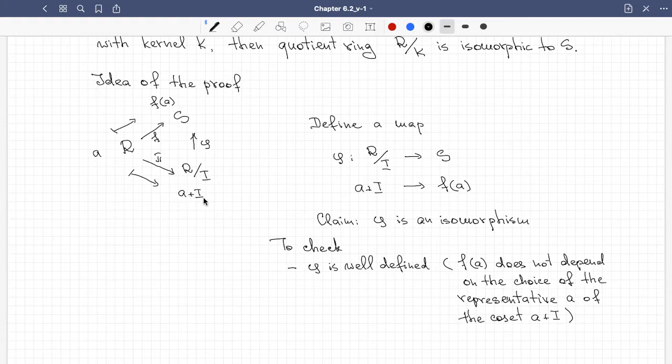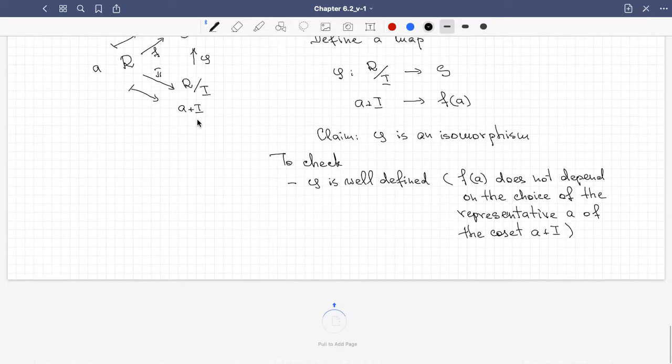So the difference between two maps to 0. That is how we check that.